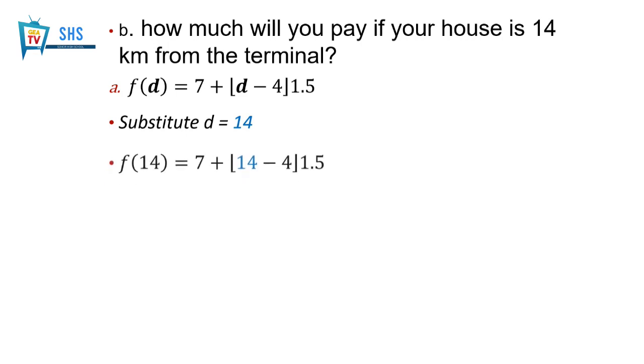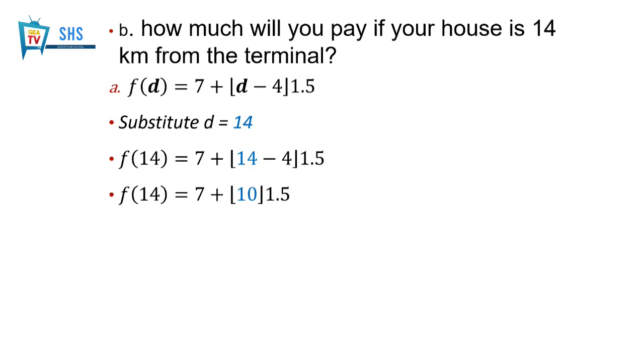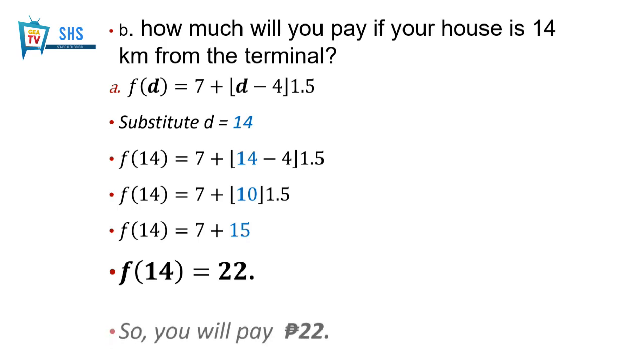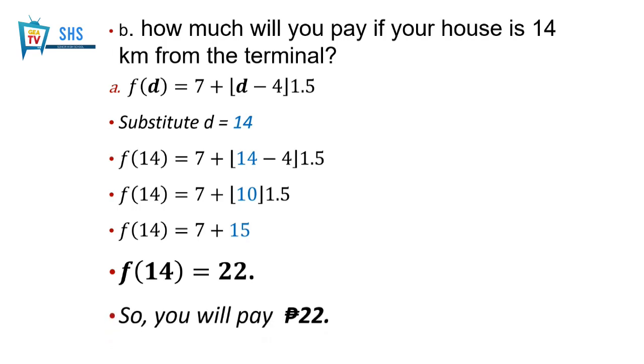So 10 kilometers times 1.50 per kilometer is 15 pesos. So plus 7, we have a total of 22 pesos for 14 kilometers. So you will pay an amount of 22 pesos.